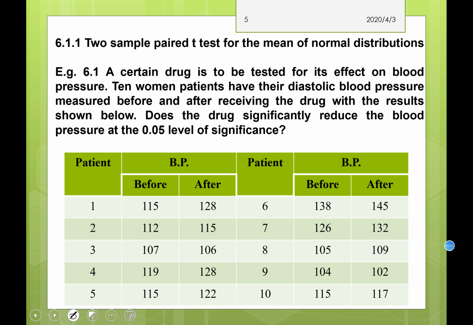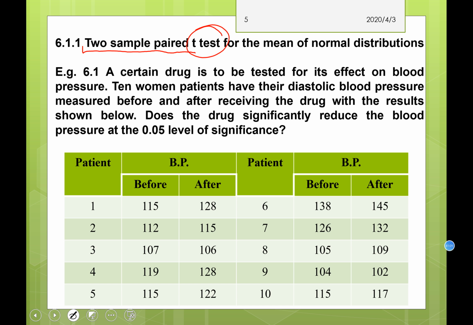We notice that this is a question about two paired samples. And in two paired samples, we need to use a t-test because we have mentioned that there is no z-test in two-sample tests. So we can only use a t-test. So we call it the paired t-test. Just similar to chapter 5, where we call it one sample t-test, in chapter 6 the first method is the paired t-test or paired sample t-test.